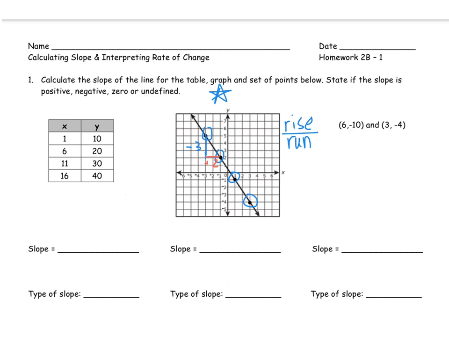So my slope would be -3 over 2. Now this is going to be a negative slope. As you can see, it decreases from left to right.